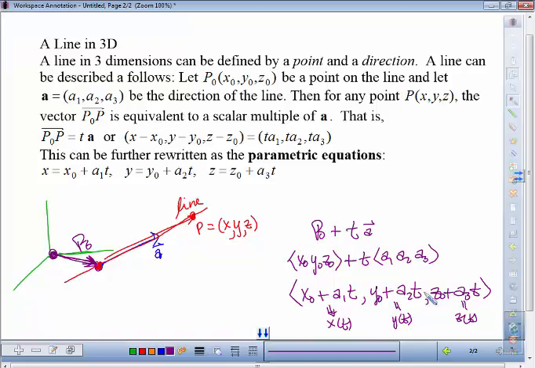In 2 dimensions, you'll have 2. So those are your parametric equations, and that's where they would come from. They would come from a point and a direction, and dealing with it component-wise, you can break it up like this.